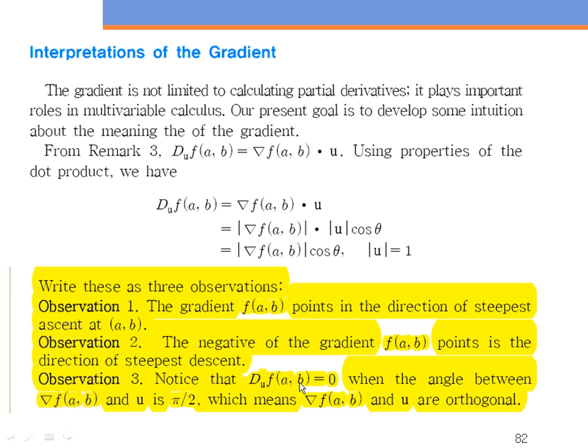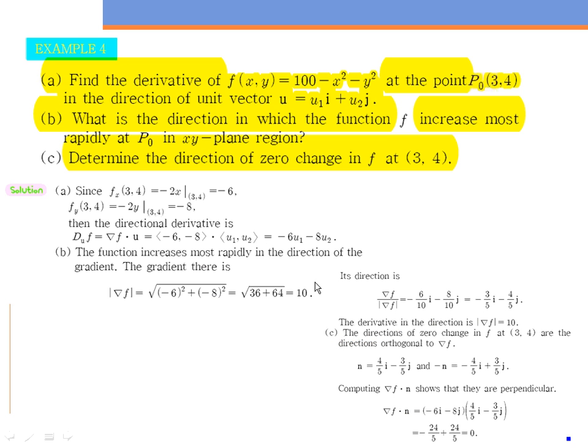And also, when the directional derivative is equal to 0, that means the gradient and the unit vector are orthogonal because of this relationship. If this is equal to 0, then the inner product is equal to 0, and theta is equal to pi over 2, which means they are orthogonal vectors. Okay, that's the observation. And with those, the definition and observation, we can deal with the examples.